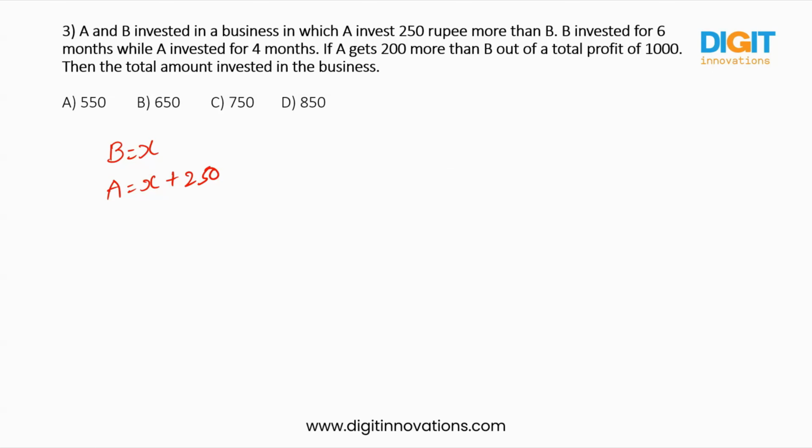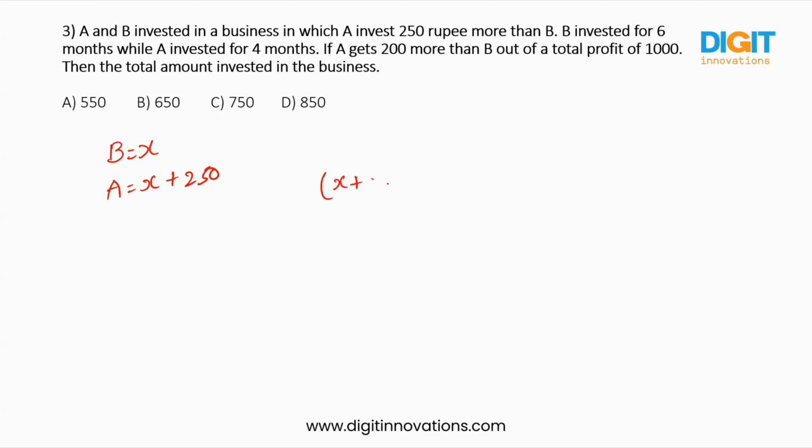First I'll find the ratio based on their investment, find how many parts of the profit they get, and divide total profit by total parts. Then I'll get the single part value and place that value in the given options. So first, I'll find the ratio here.